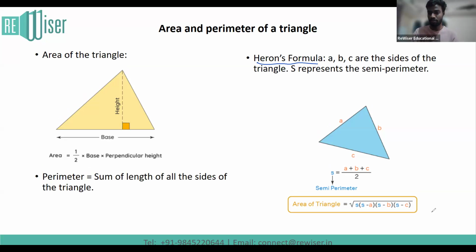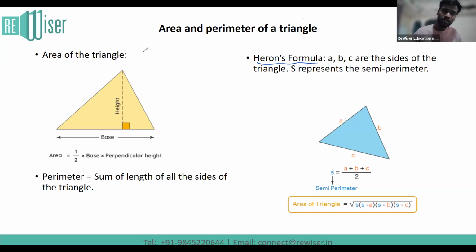So the formula is the square root of S times (S minus A) times (S minus B) times (S minus C). And here, S is half of the perimeter, so we call it the semi-perimeter.